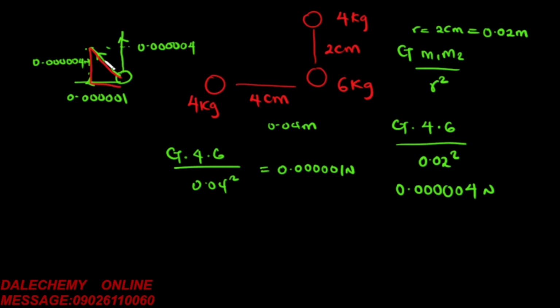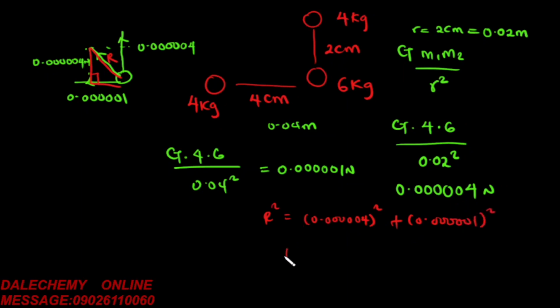Then you can find your resultant force by using the Pythagoras theorem. So R squared will be equal to 0.000004 squared plus 0.000001 squared.